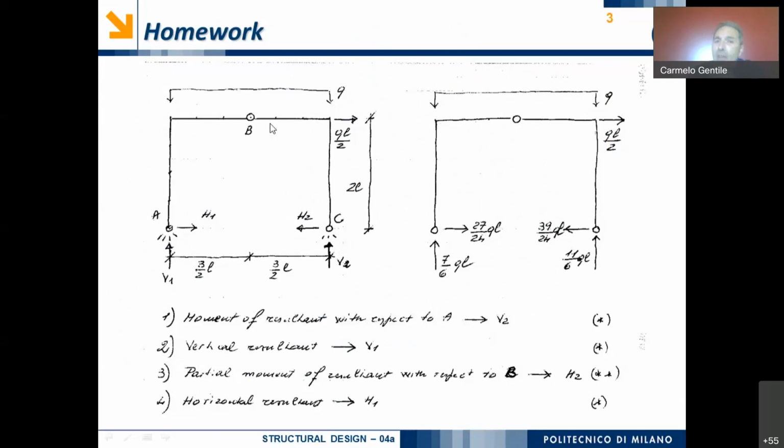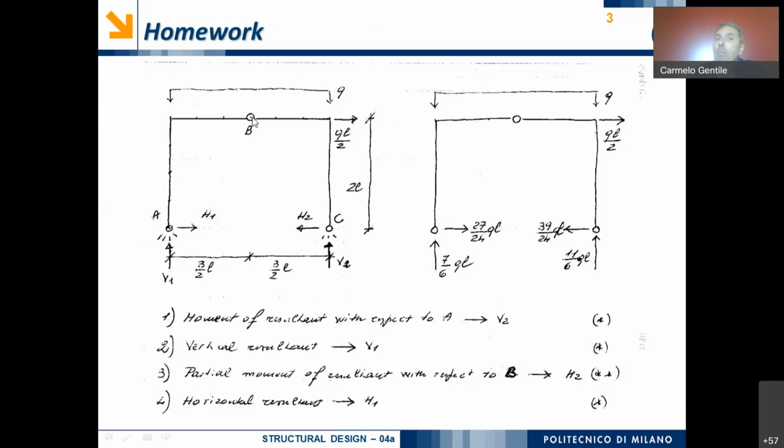So what we have to do in order to obtain the last and fourth equation of equilibrium is to state that there is no relative rotation, for example, between beam BC and beam AB with respect to point B. Okay?